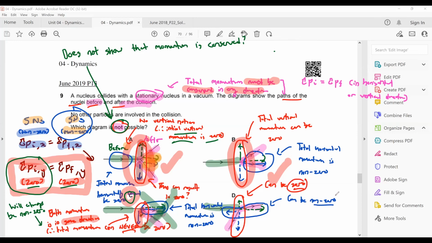The horizontal one is possible to be non-zero. So if they are possible to be zero and non-zero, respectively in the vertical and horizontal direction, that means momentum can be conserved. So this diagram is also possible. It's just that C is not possible at all because it's clearly telling you that the vertical momentum is not conserved.